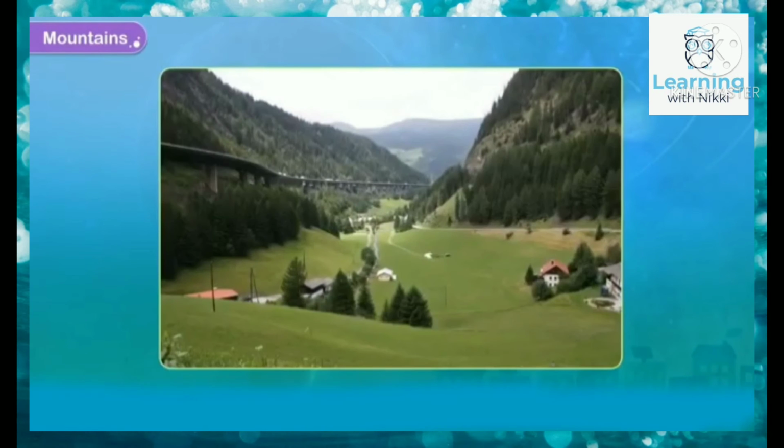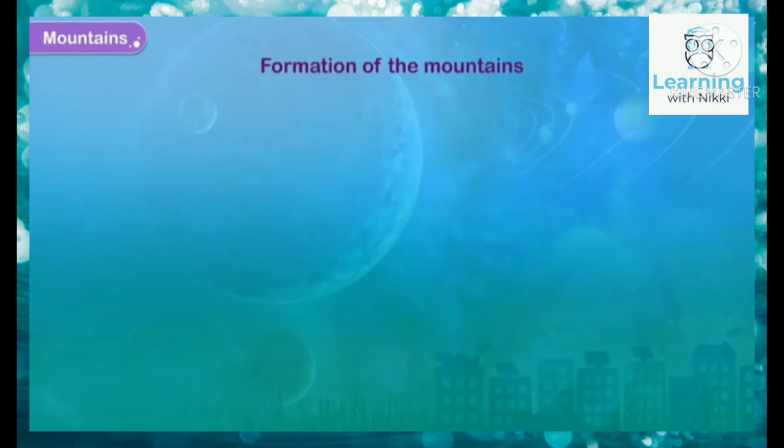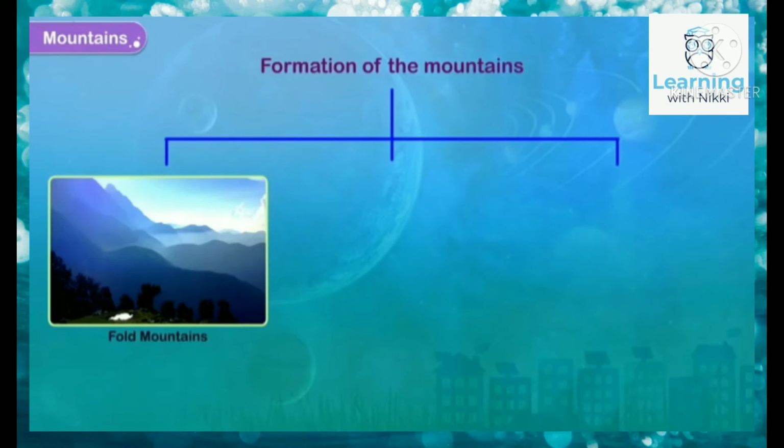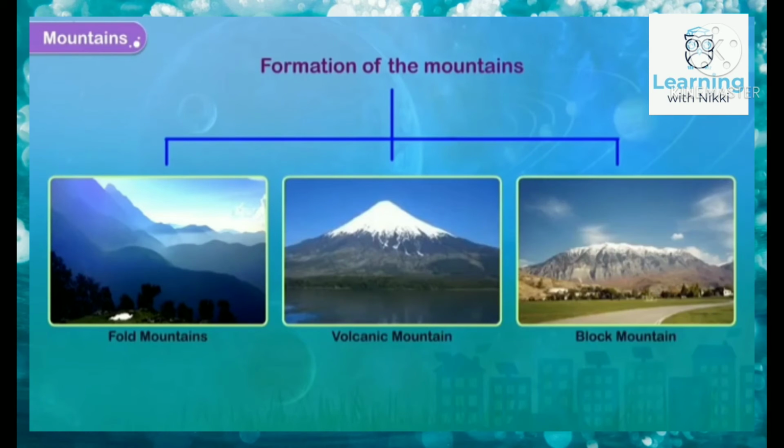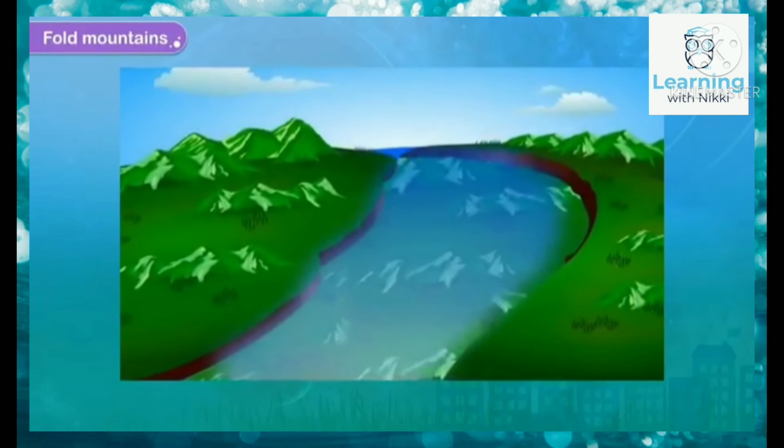Mountains are highlands segmented with passes and valleys formed through different geological processes. On the basis of their formation, mountains are of three types. So let's see the types. Fold mountains, volcanic mountains and block mountains. Actually there are four types. The fourth one is residual mountain.